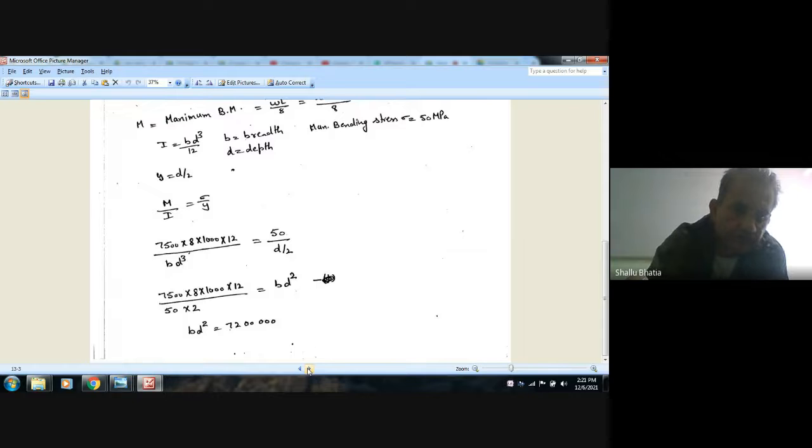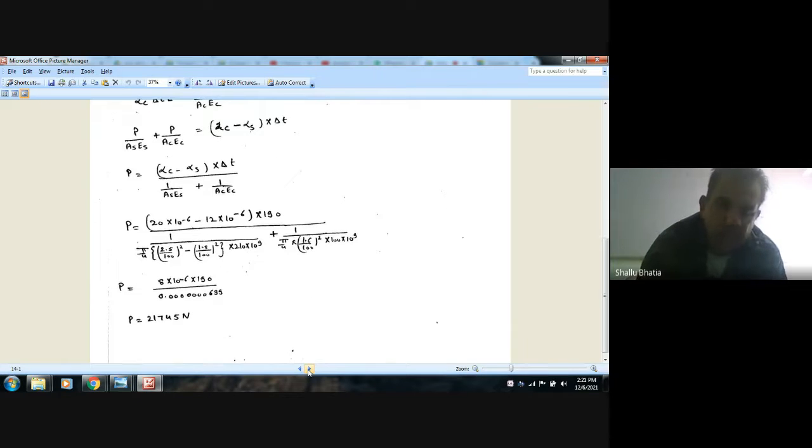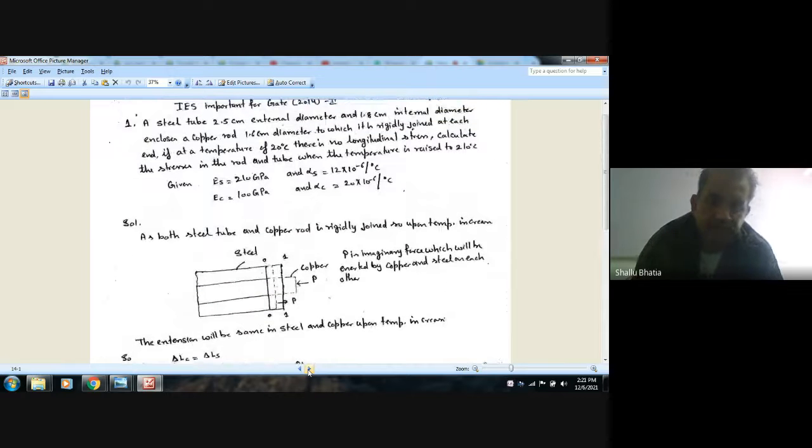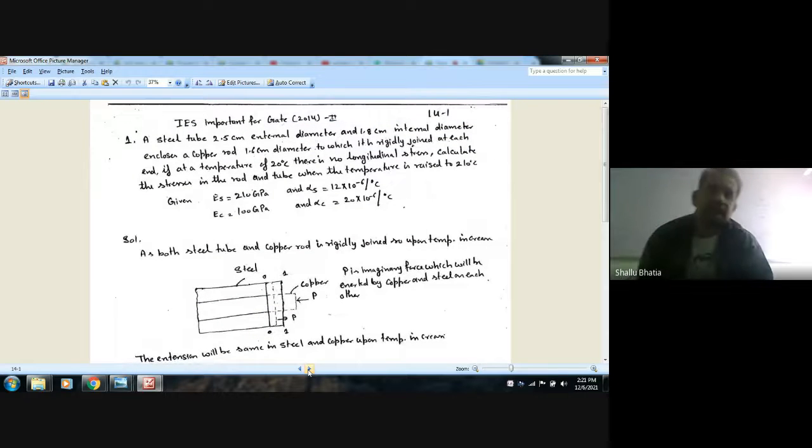Next, this is a question of thermal stresses. Okay. A steel tube 2.5 centimeter external diameter and 1.8 centimeter internal diameter encloses a copper rod 1.6 centimeter diameter to which it is rigidly joined at each end.